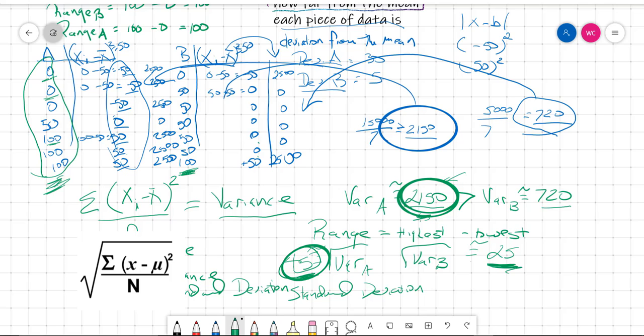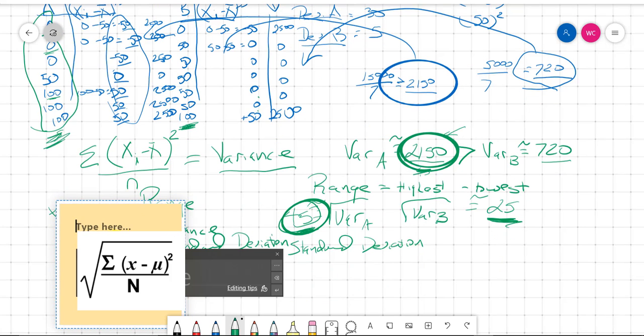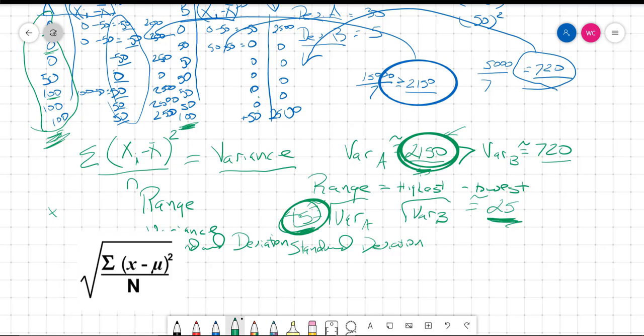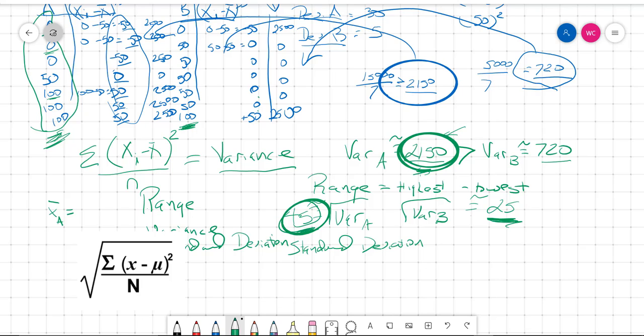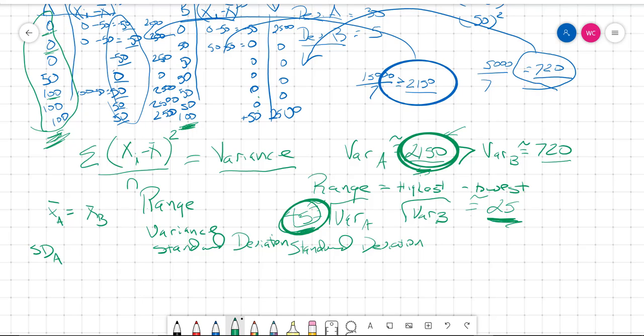So we have two or three different ways of measuring the spread. Now if you went back to your boss and told him or her that the X bar for machine A was the same as X bar for machine B, but if you had said the standard deviation for A was, what did we say?